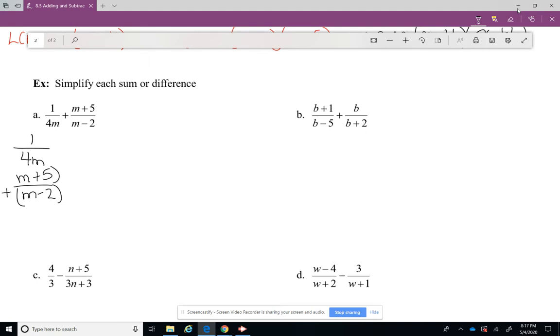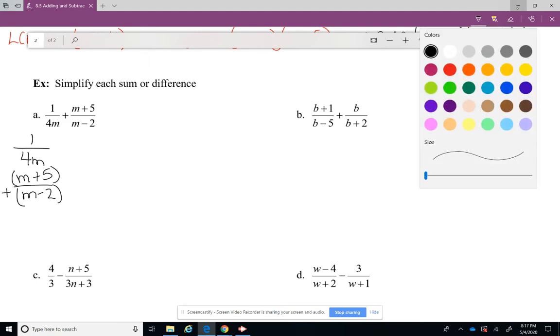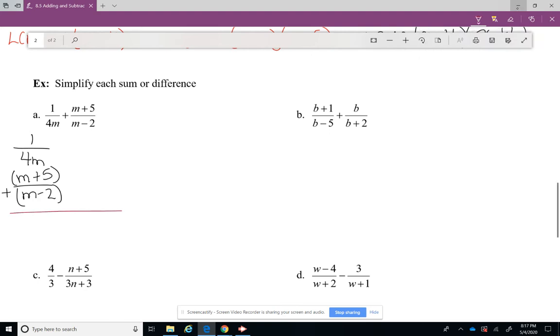And let's put parentheses around the m plus 5. All right, draw a line, equals. We know that the least common multiple is going to be 4m times m minus 2. All right, 4m times m minus 2.